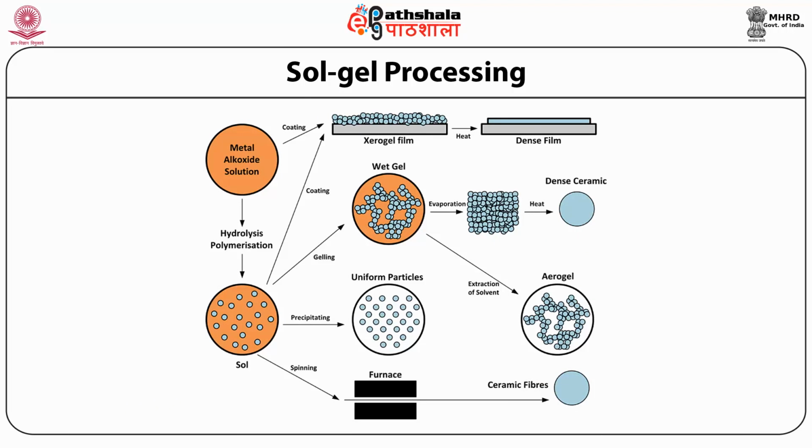Sol-gel processing. In this chemical procedure, as you can see in this figure, the sol gradually evolves towards the formation of a gel-like diphasic system containing both a liquid phase and a solid phase whose morphologies range from discrete particles to continuous polymer networks.